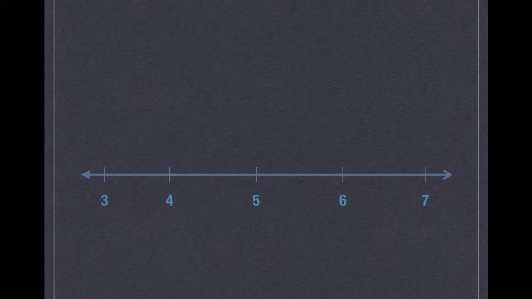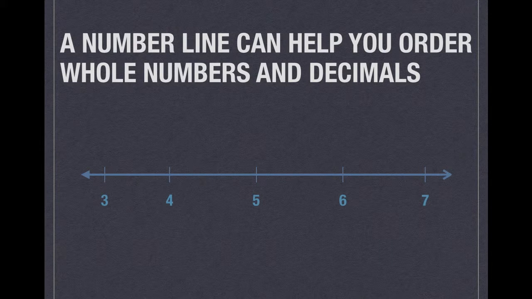Another method for comparing numbers and ordering them is using a number line. In this number line, we're starting at 3 and we're going on to 7. We're going to use these 5 numbers to order. Again, there's different ways to do this. We're going to start with the first number in line and place it on our number line.